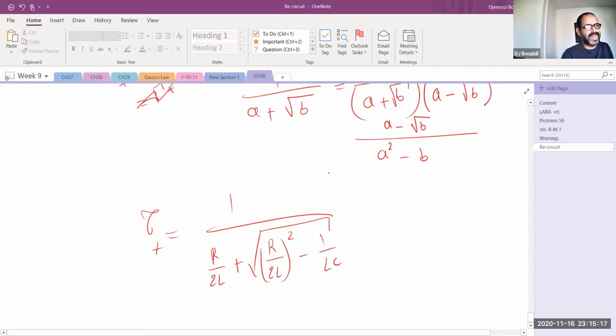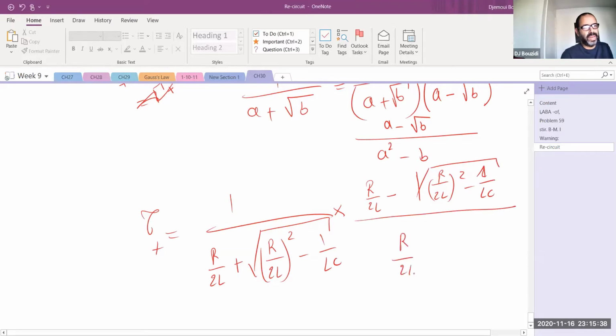So if you want to find tau plus, it will be 1 over R over 2L plus the square root of (R over 2L) squared minus 1 over LC. Following that idea, we multiply both terms by R over 2L minus the square root of (R over 2L) squared minus 1 over LC, and divide by the same term.